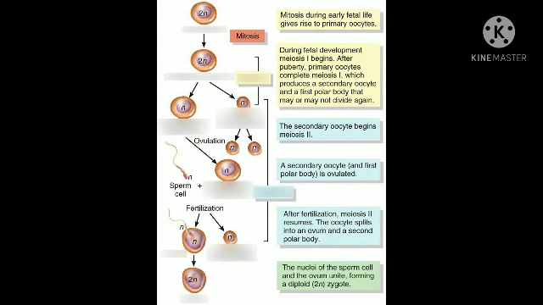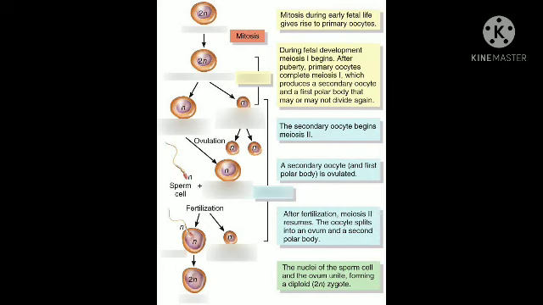Then those primary oocytes, during fetal development, start to undergo meiosis 1. The primary oocyte stage lasts for very many years, from birth up to the onset of puberty, meaning 10 to 14 years. So meiosis 1 is the stage at which the ova arrest.